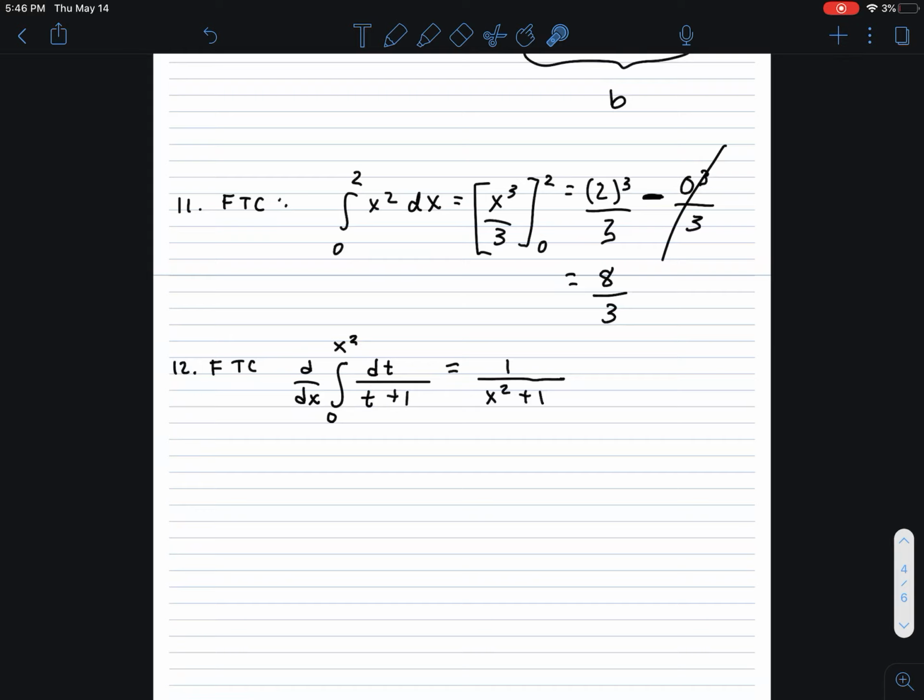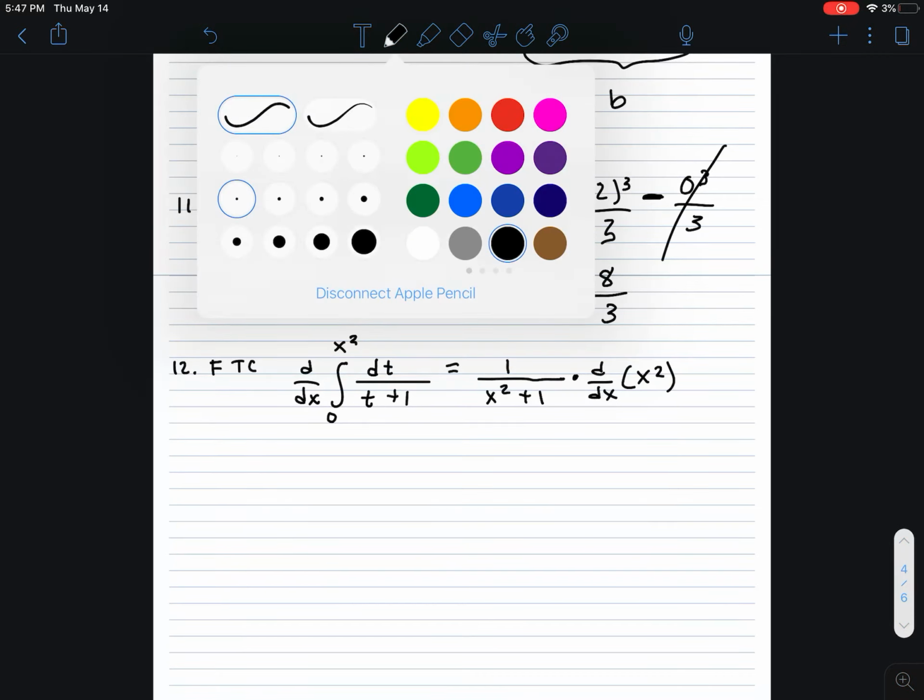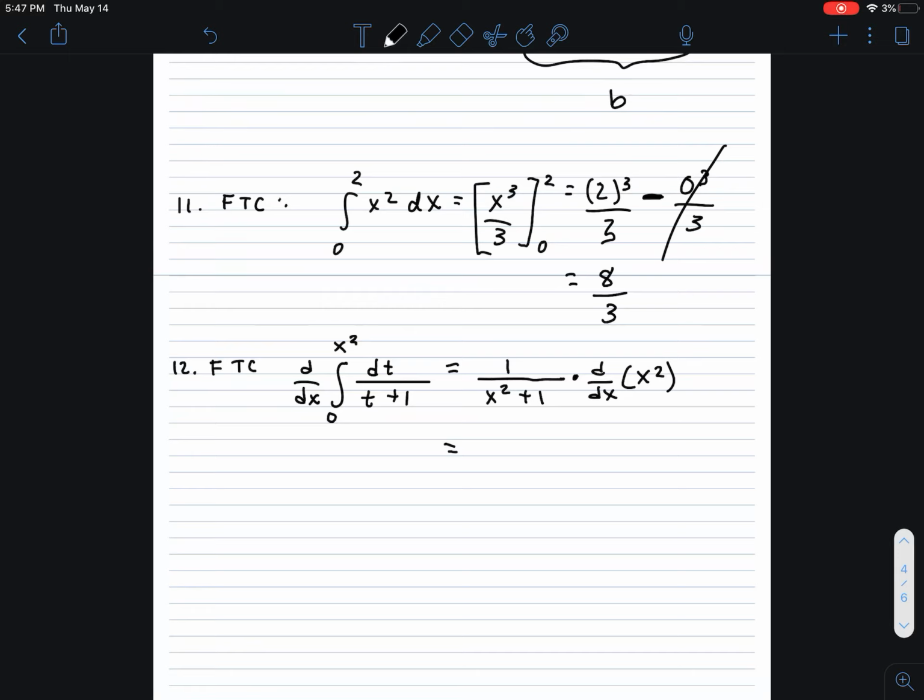So we plugged in our x squared, and then we want to multiply by the derivative with respect to x of x squared. So whatever your top bound is, you want to take the derivative and use the chain rule for that guy. The derivative of x squared is 2x, so it'll be 2x over x squared plus 1. Okay? That was the second portion of the fundamental theorem of calculus.